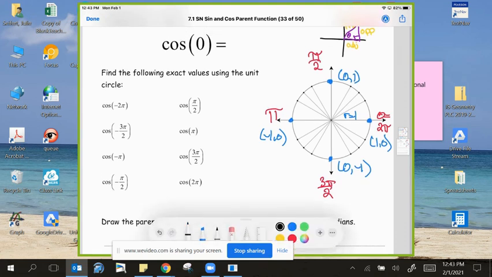Really big, really important here. What is cosine of 0? Here's our 0, x, y. Cosine is what here? Cosine is 1. Cosine of 0 is 1.